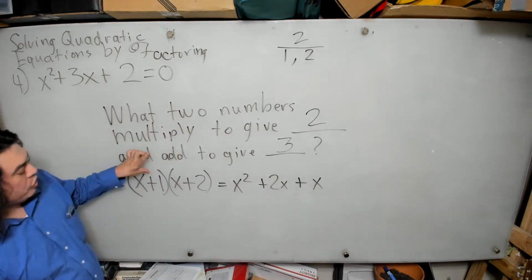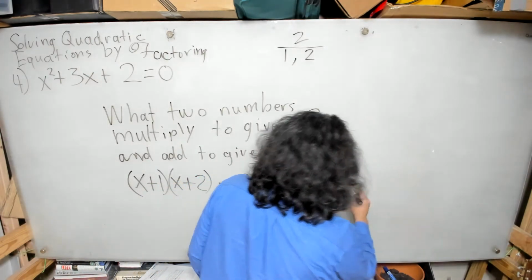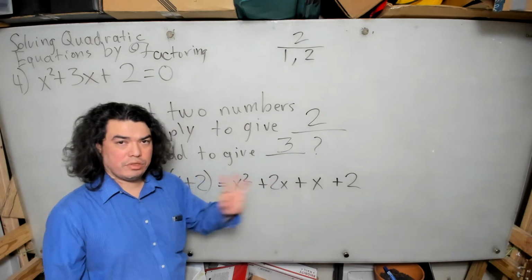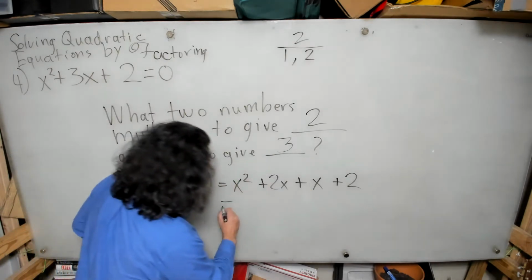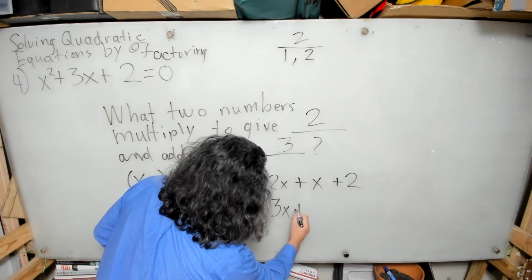And plus 1 times plus 2 is positive 2. And then, what is 2x plus x? 3x. Okay? So that's going to be x squared plus 3x plus 2.